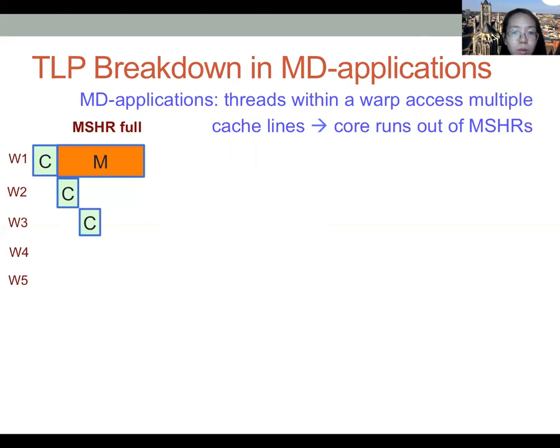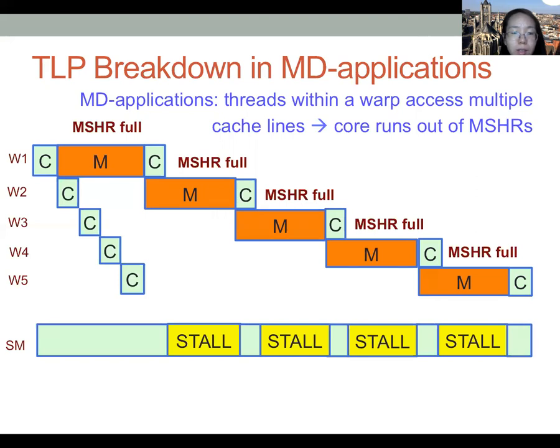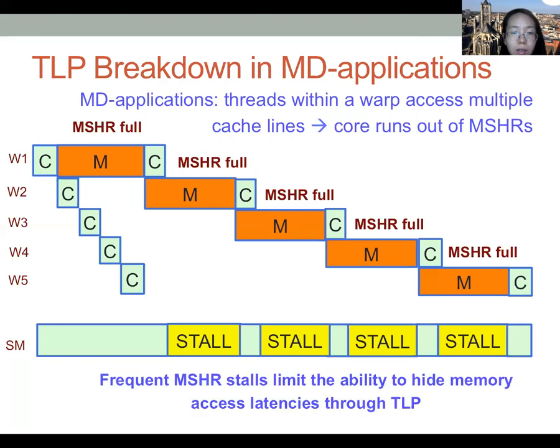Warp 3 through warp 5 follow a similar manner. In particular, different from non-memory divergent applications, memory accesses from different warps cannot be generated in parallel due to limited MSHR resources. On the SM side, there is significant stall. Hence, frequent MSHR stalls limit the ability to hide memory access latency through thread-level parallelism for memory divergent applications.